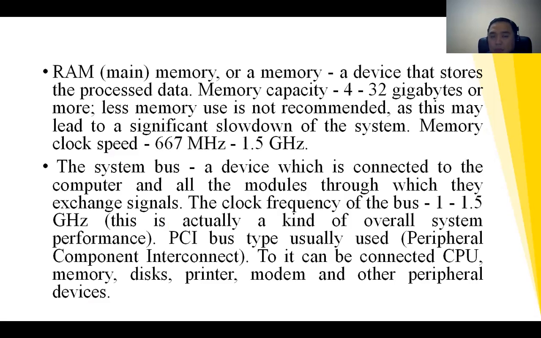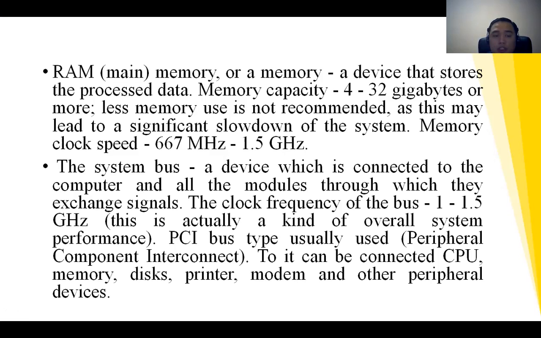Memory clock speed is from 667 megahertz to 1.5 gigahertz.